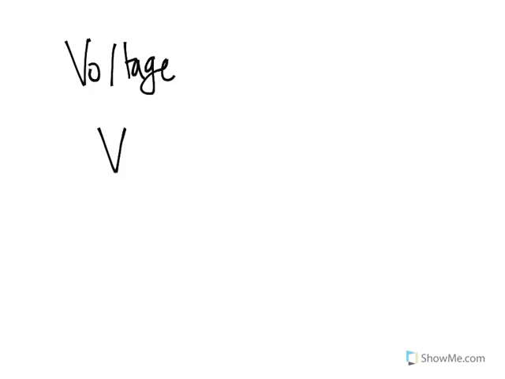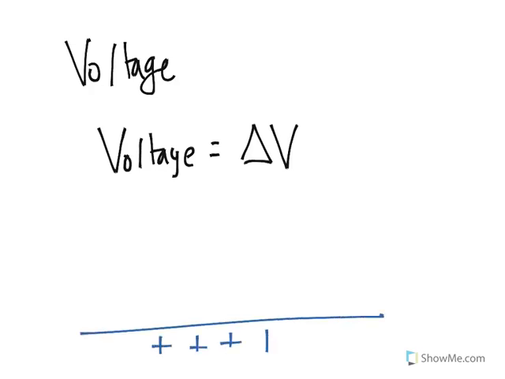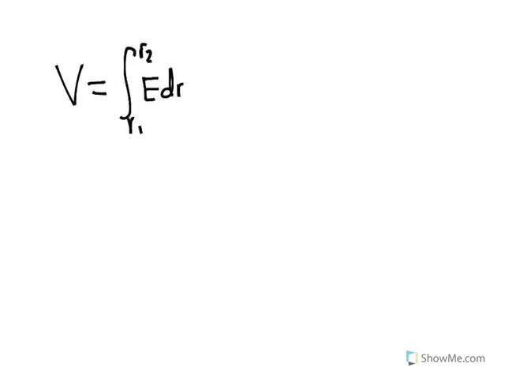Now voltage is a change in electric potential, such that if I have here the source of electric field, and I evaluate a point here and a point there, this has a potential V1, this has a potential V2, and these two have a difference which we call the voltage.